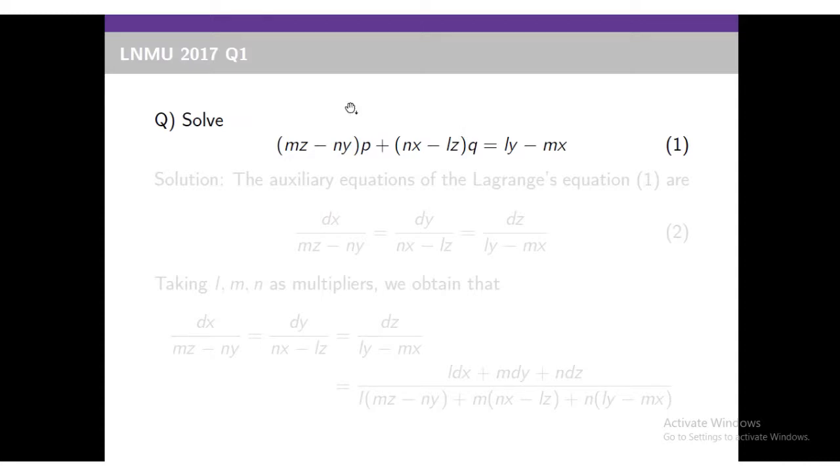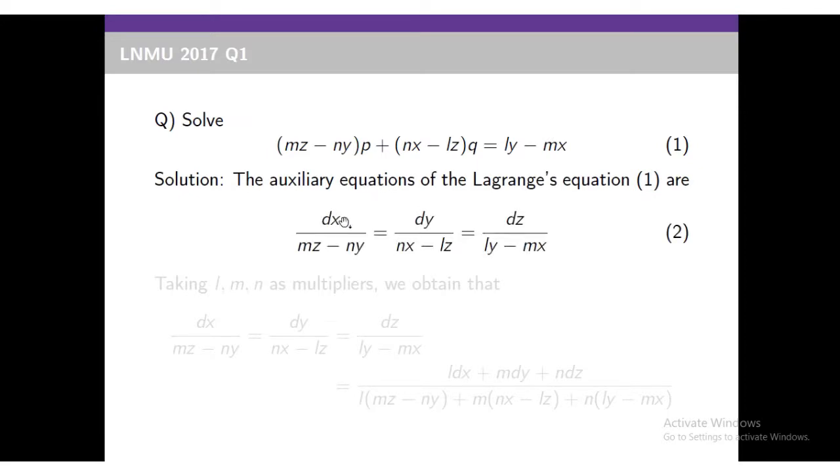You write dx by coefficient of small p equal to dy by coefficient of small q equal to dz by the term which is on the right side of this equation. So the auxiliary equation is here: dx by mz minus ny equal to dy by nx minus lz equal to dz by ly minus mx.